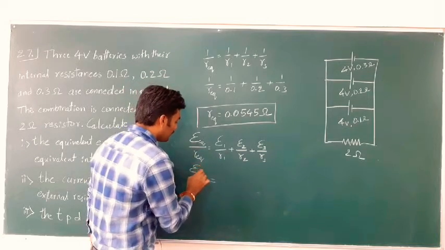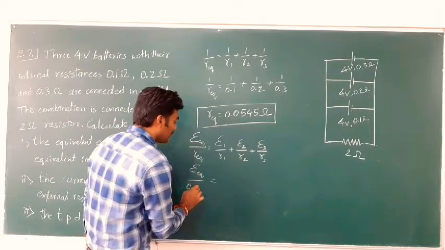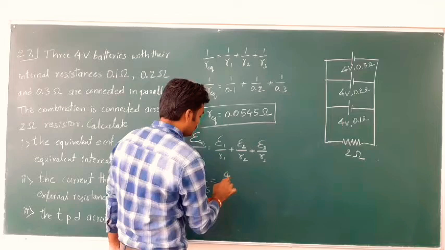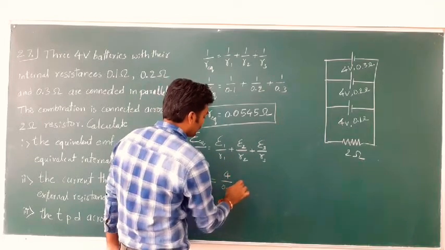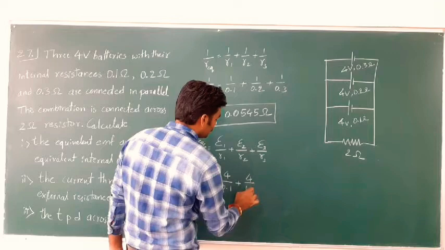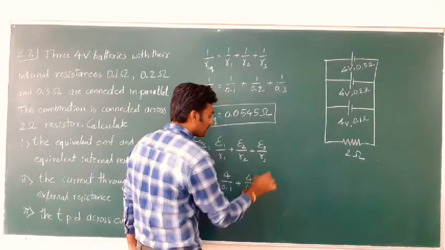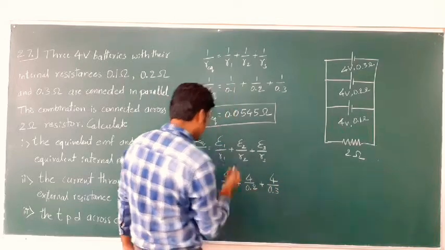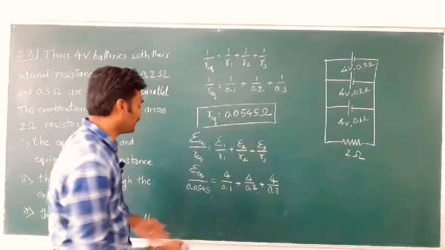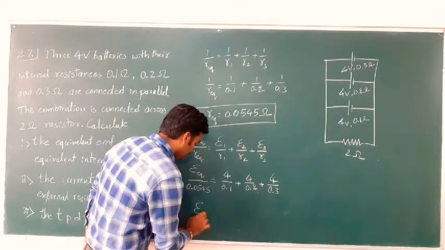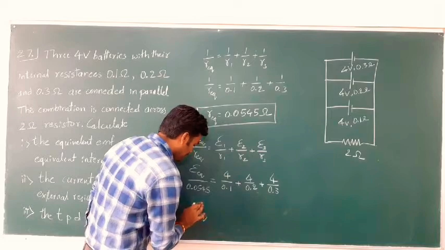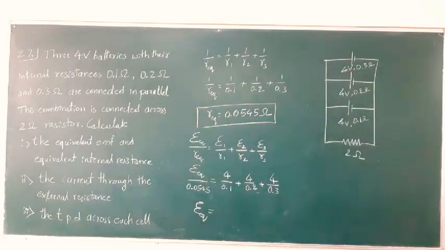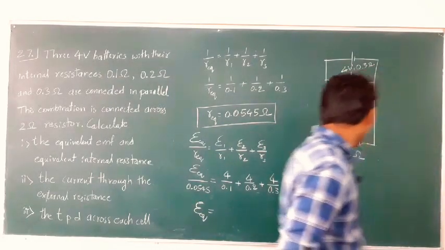So E equivalent by 0.0545 is equal to, E1 is 4 by R1 0.1, plus E2 4 again by R2 0.2, plus E3 4 volt again by R3 0.3. Once again, make use of a calculator and simplify and get the value of equivalent EMF, which after calculation you'll get equal to 4 volt.